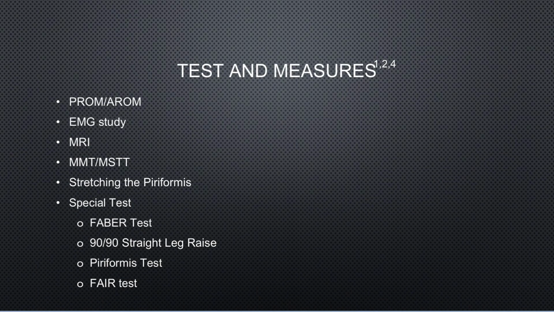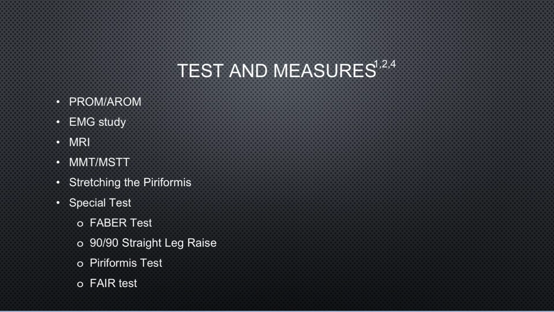So on the next slide, we're going to talk about tests and measures. Obviously as physical therapists, we're going to assess their passive range of motion and active range of motion when they come into the clinic. An EMG study is also seen to be beneficial, and an MRI of the lumbar spine if nerve root compression is suspected.